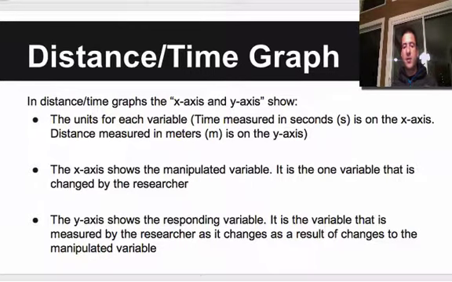The x-axis shows the manipulated variable, the variable that is changed by the researcher, and that's our time. And the y-axis shows the responding variable, the variable that's measured by the researcher as it changes as a result of changes to the manipulated variable. So if we change the time, then we're going to watch the distance respond to that.